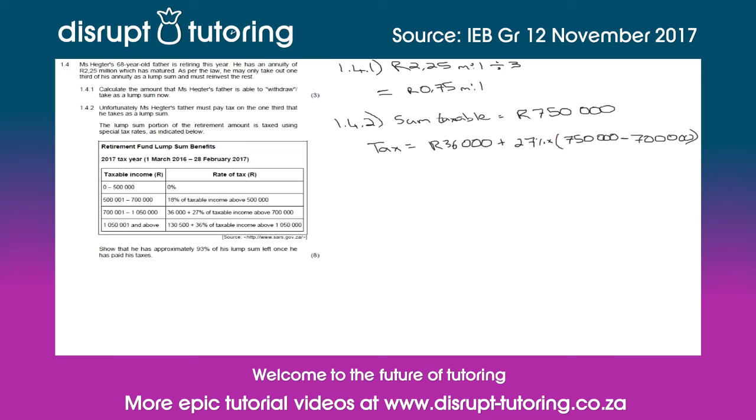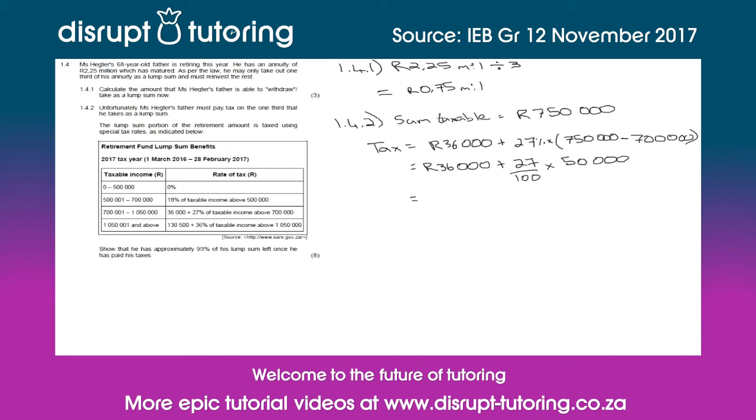Putting this into your calculator, we'll do it step by step. It should be 36,000 plus 27 over 100, because that's another way of writing percentage, times 50,000, which was in brackets, but you can do that in your calculator.